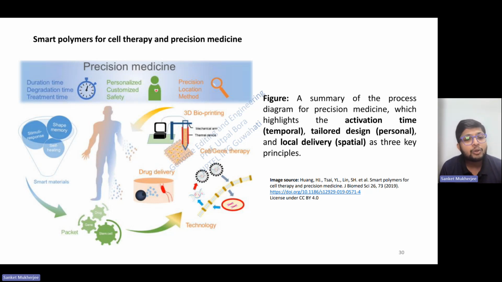So they are packaged containing the gene, or the stem cells, or the drugs in question, and then they are injected into the cell. So that is one of the ways.